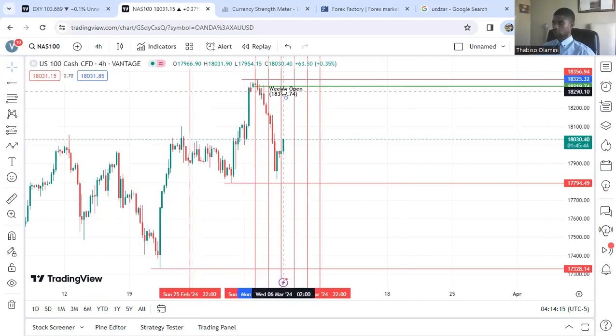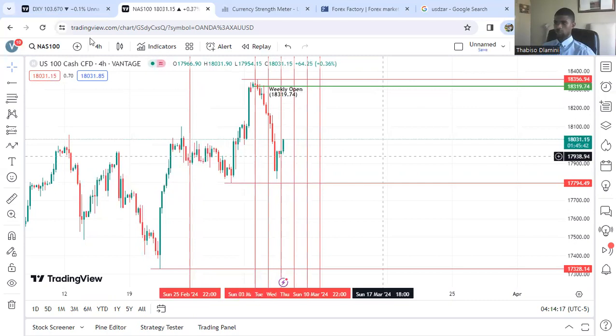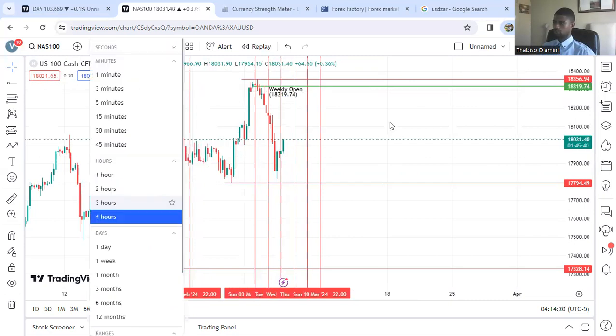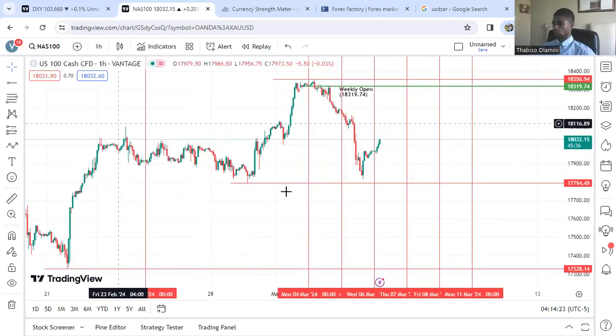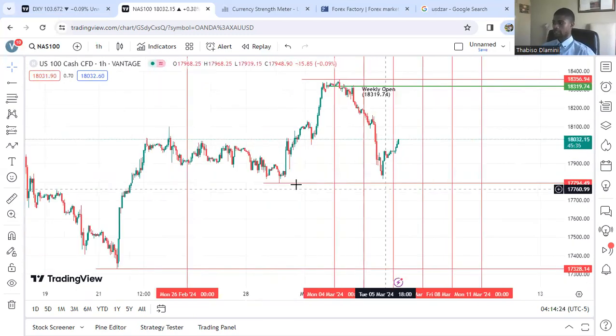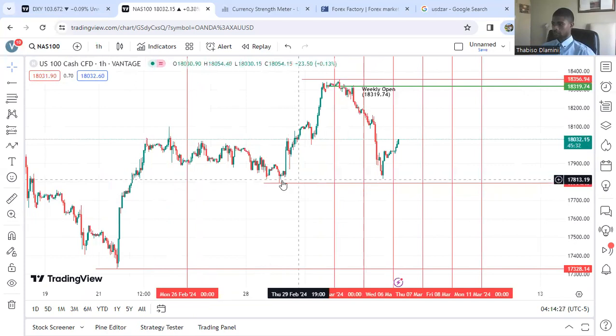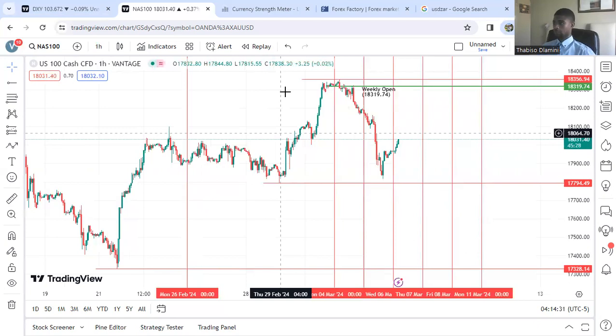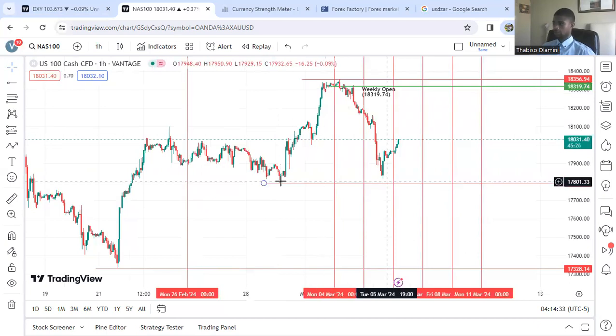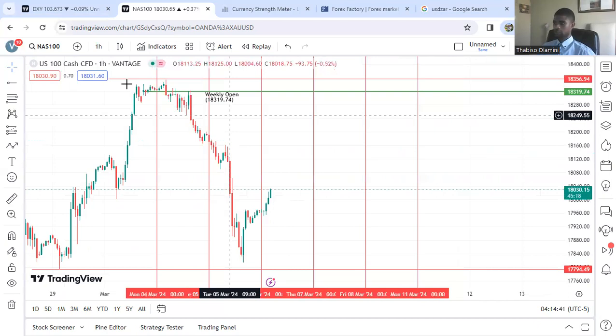So in the course of this week, we could expect we need to retest that weekly open. If we don't, we could then continue towards the previous week's low, or the previous week's high. So we have the previous weekly low there, and then we have the previous weekly high, which is up there, which on Monday, of course, literally got taken out.